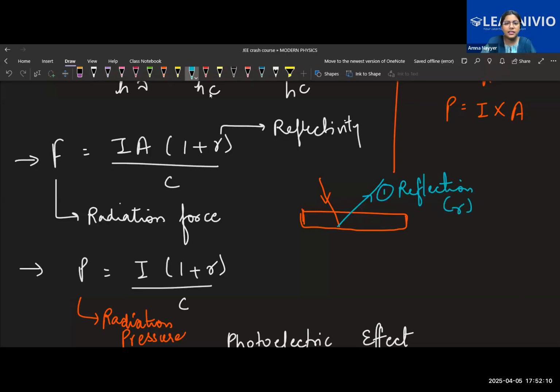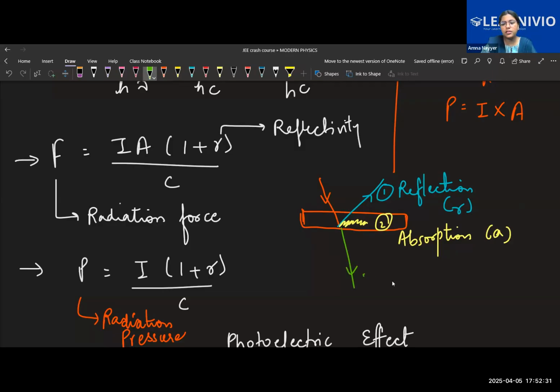And then the next process is absorption. That is, absorptivity is represented by A. Or the last is that the ray can be transmitted.